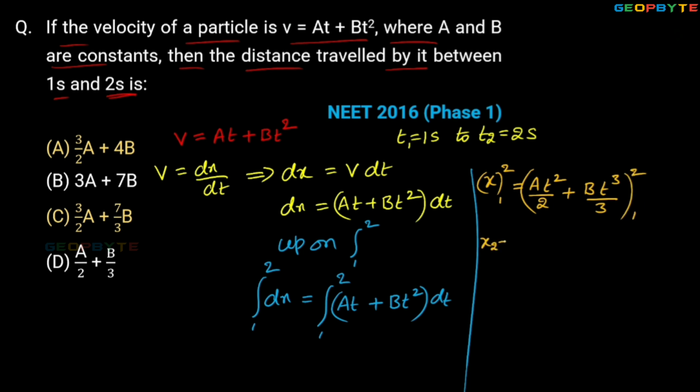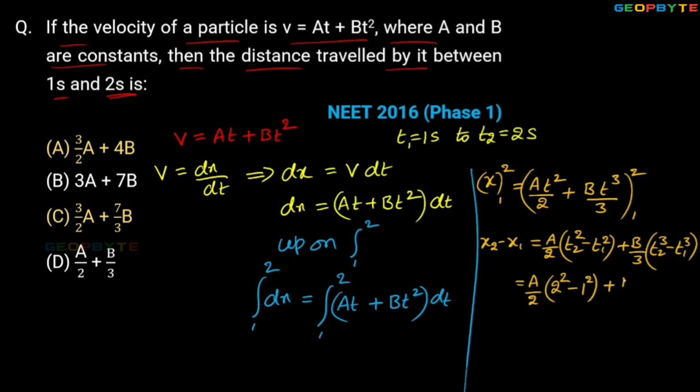It is x2 minus x1 equal to a by 2 into t2 square minus t1 square plus b by 3 into t2 cube minus t1 cube. It is equal to a by 2 into (2 square minus 1 square) plus b by 3 into (2 cube minus 1 cube). It is equal to a by 2 into 4 minus 1, that is 3.